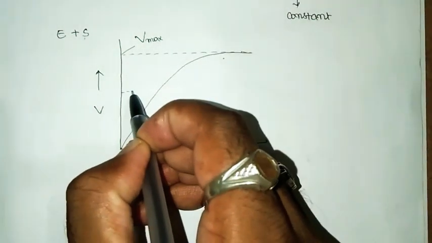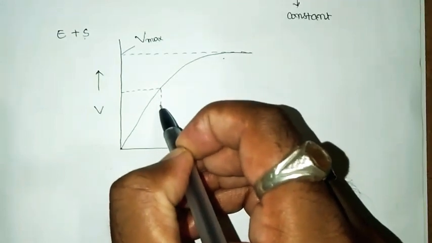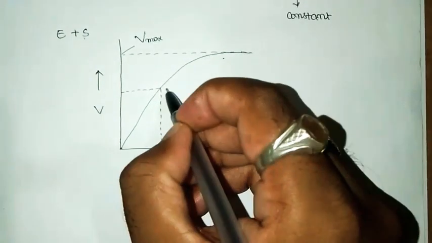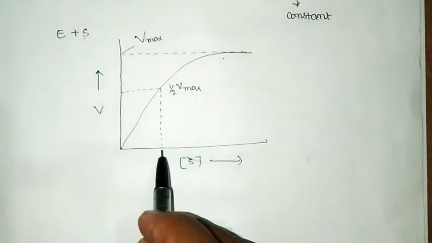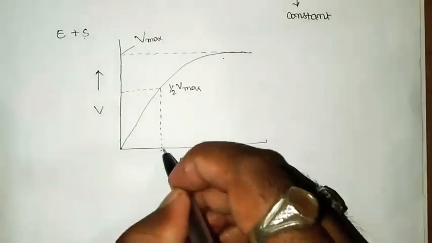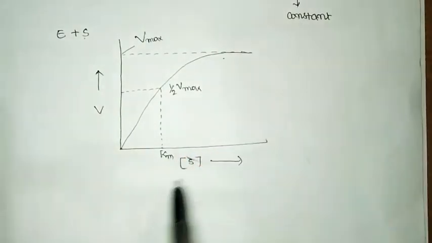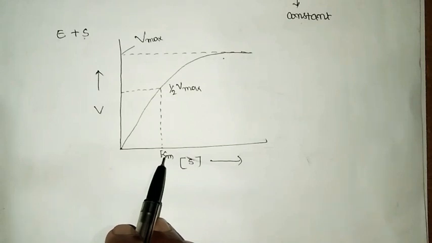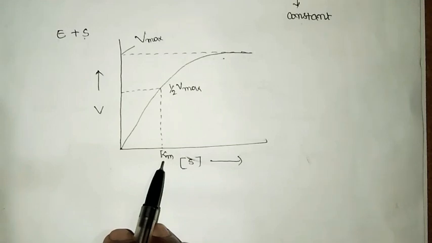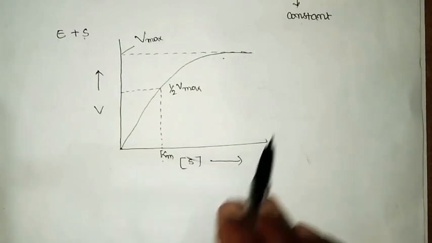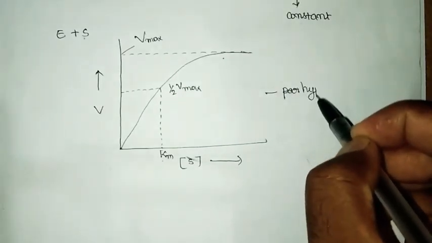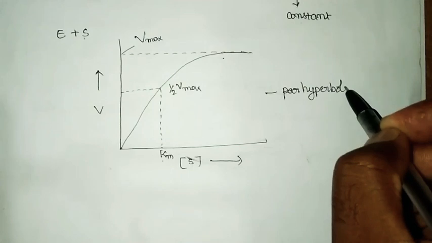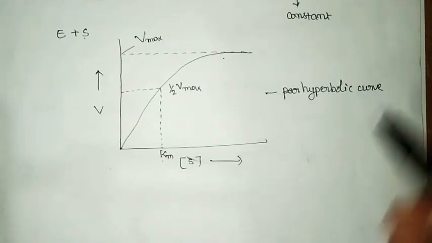And if you take the point exactly for half of the maximum velocity, the point of intersection will be given as Km. Here Km is a constant and is called the Michaelis Menten constant. Here you can observe we have a hyperbolic curve.